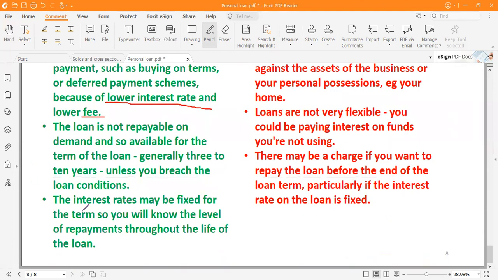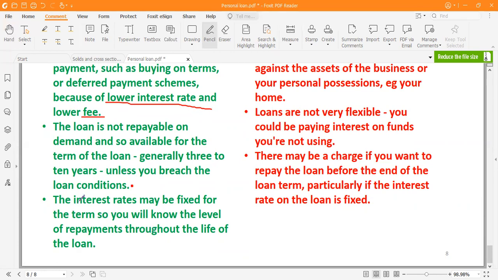The second advantage: we have numerous advantages and disadvantages, and we want to talk about a few of them. The loan is not repayable on demand, so it is available for a loan term of 3 to 10 years unless you breach the loan conditions.